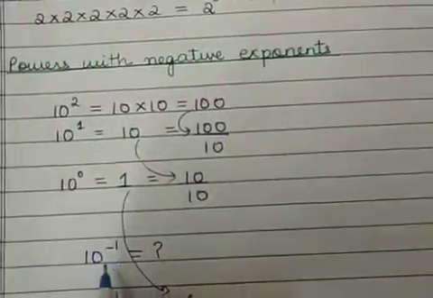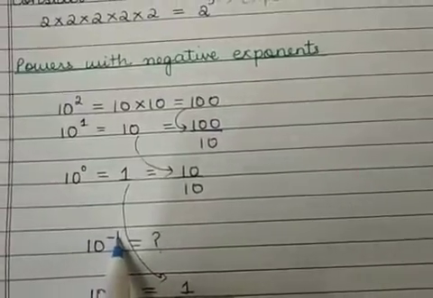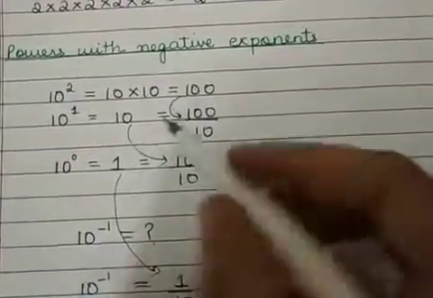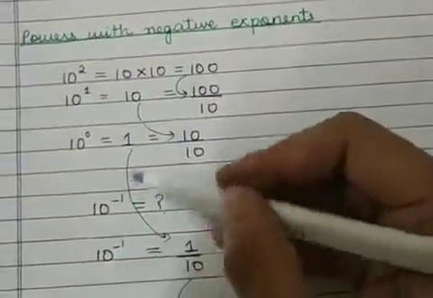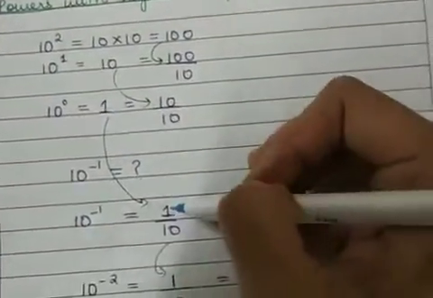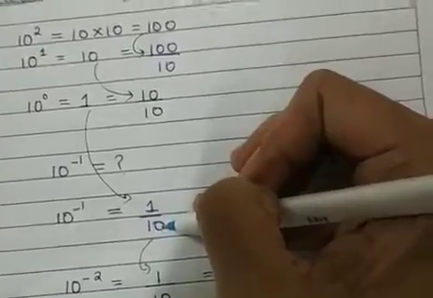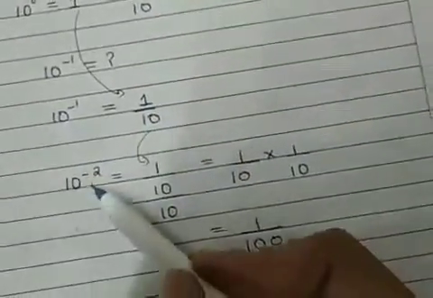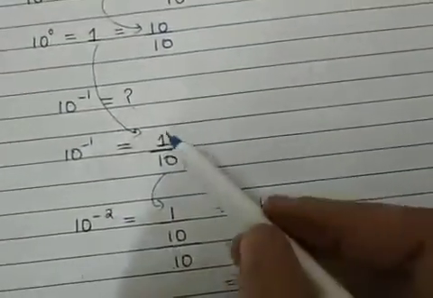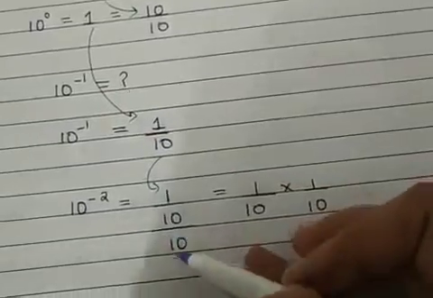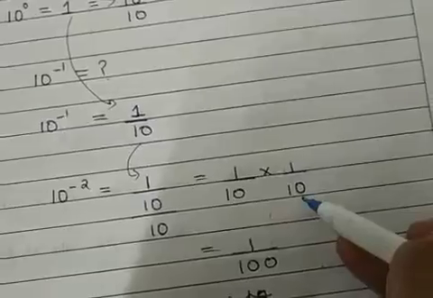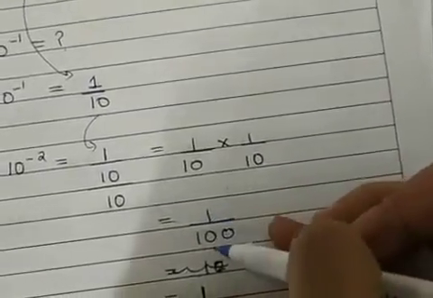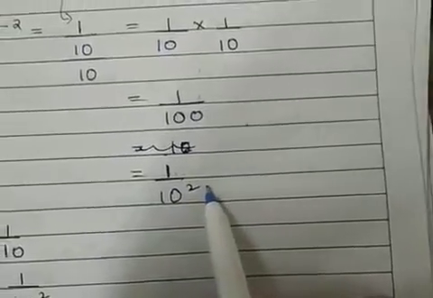Similarly, what will be 10 raised to minus 1 then? If we continue with this pattern, 10 raised to minus 1 will be 1 upon 10. What will be 10 raised to minus 2? It will be this number upon 10, which is nothing but 1 upon 10 multiplied by 1 upon 10. And this is 1 upon 100, and this is nothing but 1 upon 10 squared.